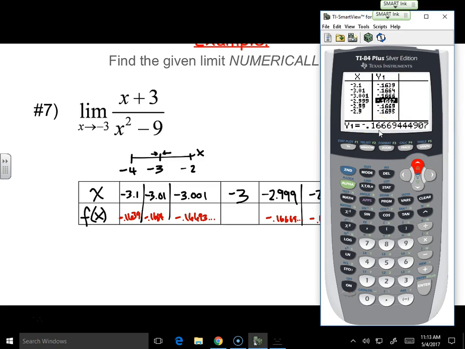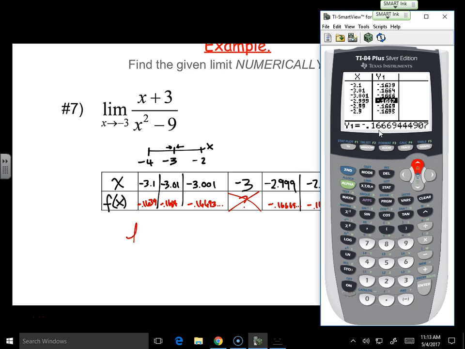So remember, once again, it doesn't truly matter what's going on at -3. Whether we go from below -3, remember the limit as x approaches a, which is -3, from below, then from above, f of x is approaching, seemingly, -1/6.